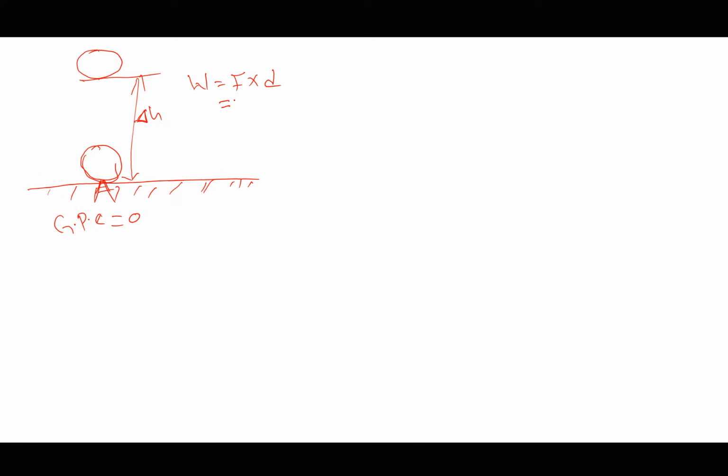If the mass of the object is m, then the force, we are doing work against the weight, will be equal to mg times the distance moved through, which is going to be delta h. So the work done on the object to take it to this height will be the energy stored in the object at that height. And therefore, this will be the gravitational potential energy, which will be equal to mg delta h.